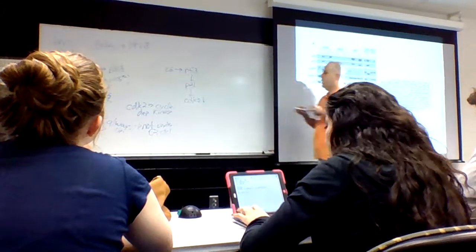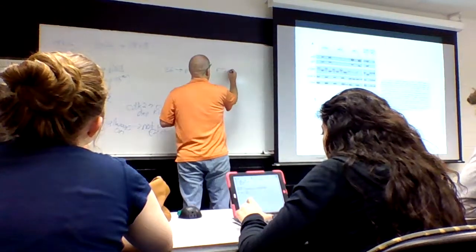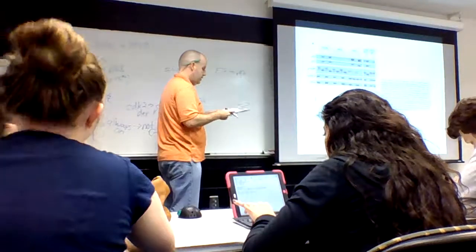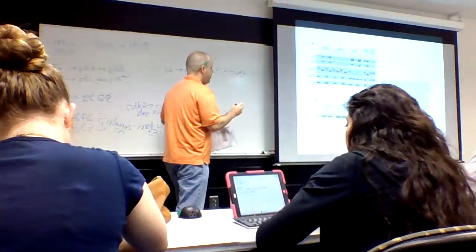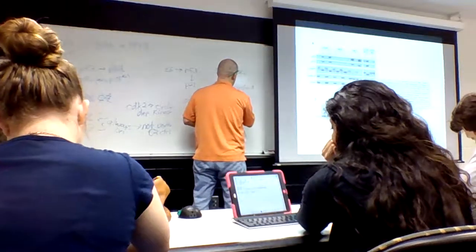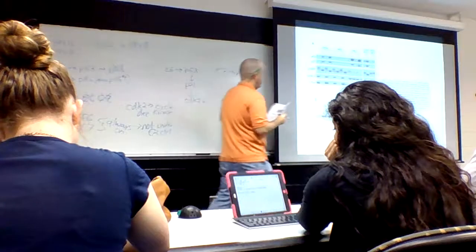So the other E7, it activates PRB, among other things. And we'll see CMYC as well.